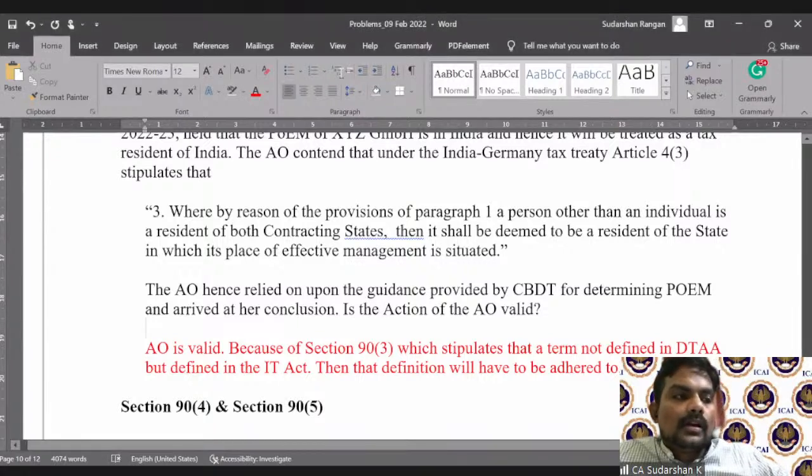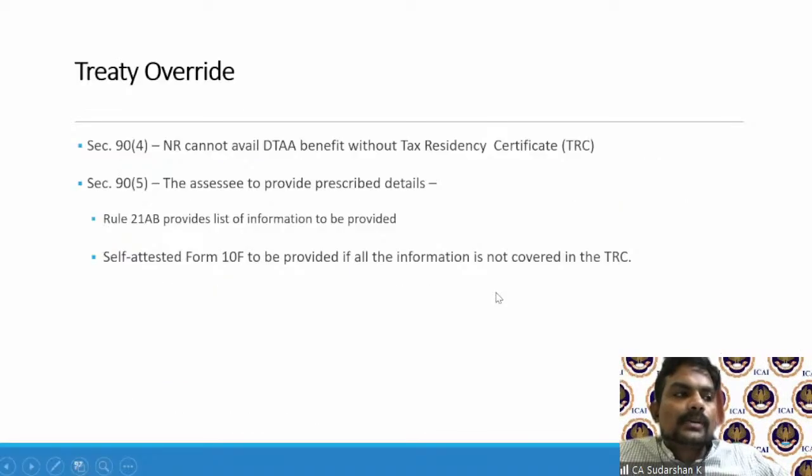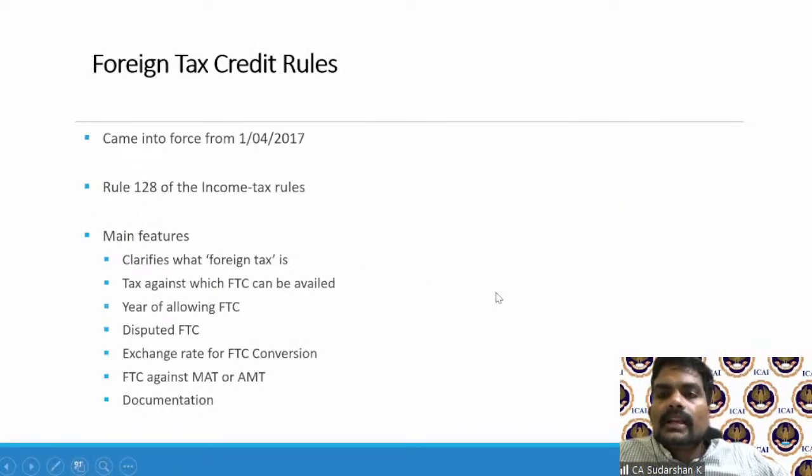So, I repeat whatever we have discussed. The overall broad principle, if you see, is that the objective of the treaty is to eliminate double taxation through foreign tax credit, and we saw how the relief mechanism happens.